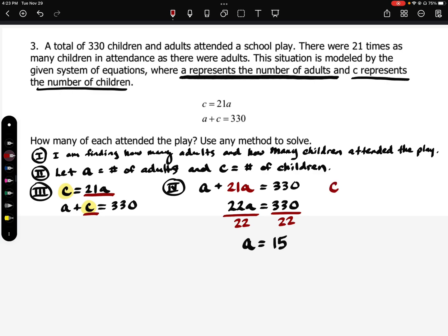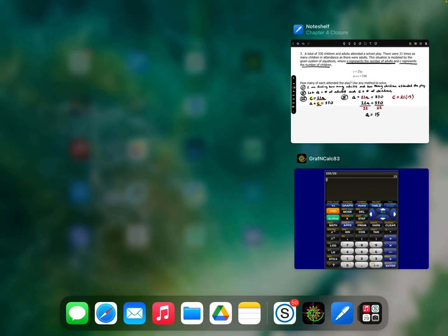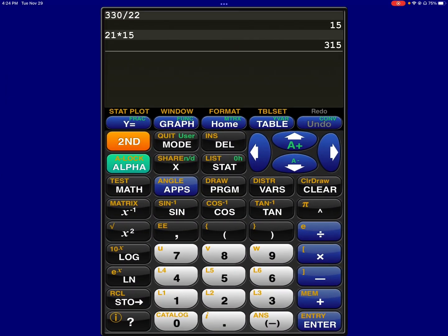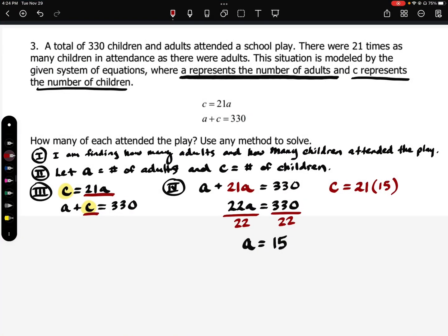So I know the number of children is going to equal 21 times that 15. So 21 times 15, if you need to use a calculator, that's fine. Just do 21 times 15. You got 315. So C is equal to 315. And then it should check out.